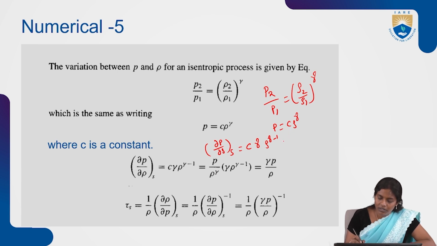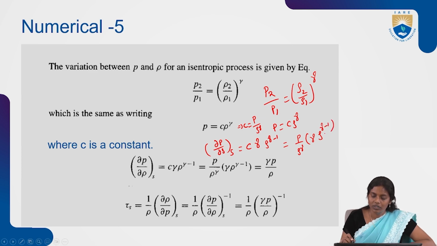This further we can write, C equal to p by rho gamma. So now the C value, p by rho gamma, into gamma into rho to the power gamma minus 1.